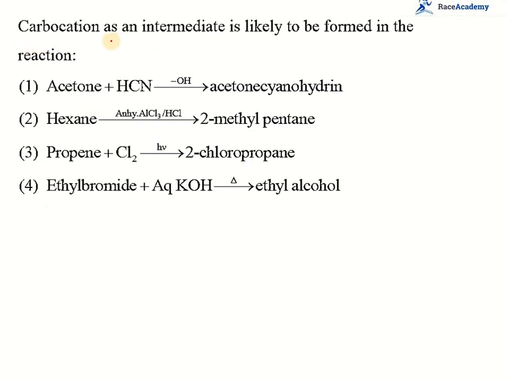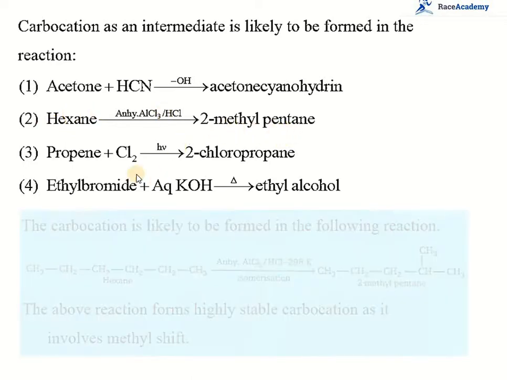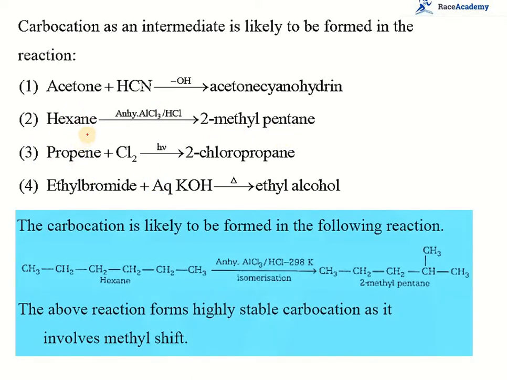Next question. Carbocation as an intermediate is likely to be formed in which reaction. On observing these reactions, we know hexane is converted into 2-methyl pentane. That means when the reaction takes place in the presence of a halogen carrier like AlCl3, Lewis acid, and HCl at 293 Kelvin, isomerization takes place and 2-methyl pentane is formed.